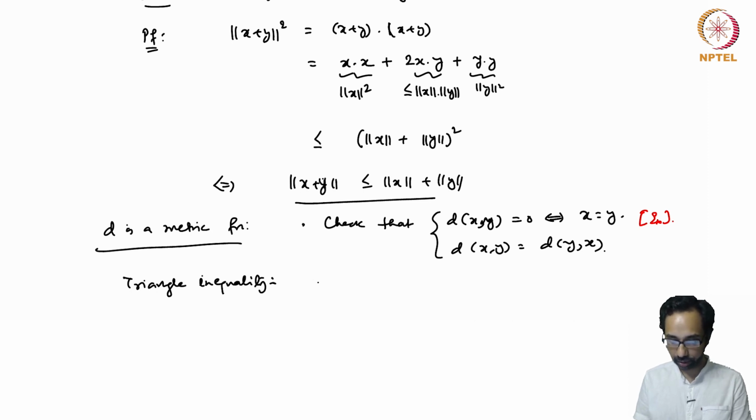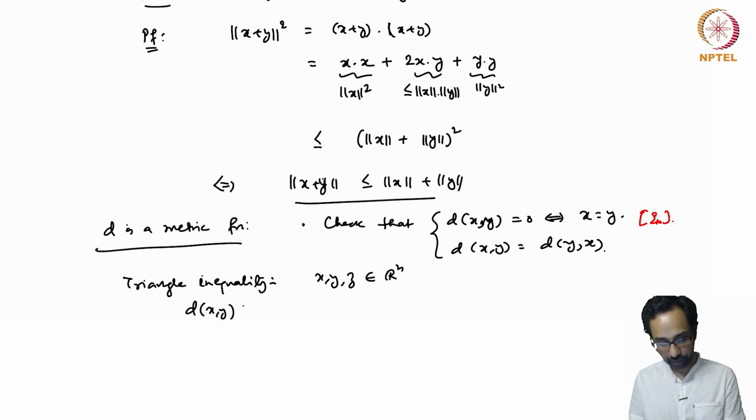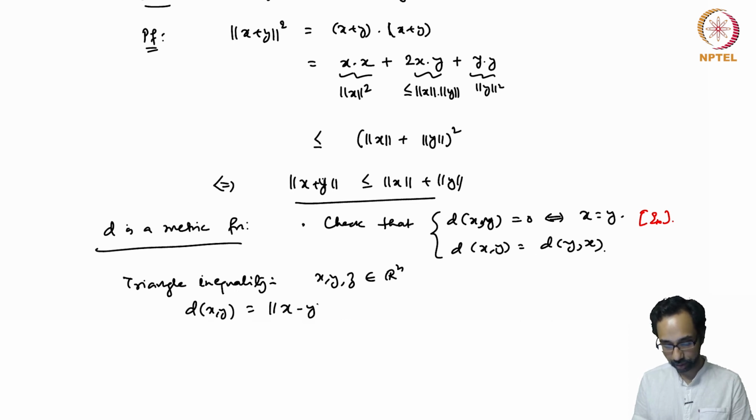For the triangle inequality we take three points x, y and z belonging to Rn, and then d(x,y) is nothing but the Euclidean norm of the difference x - y. This is by the definition. Now what you can do is take the point z and add it and subtract it.